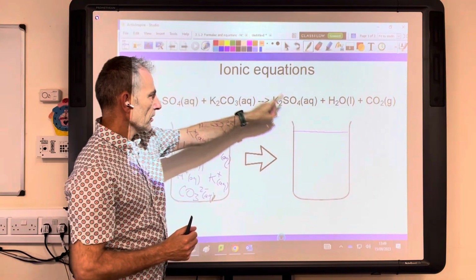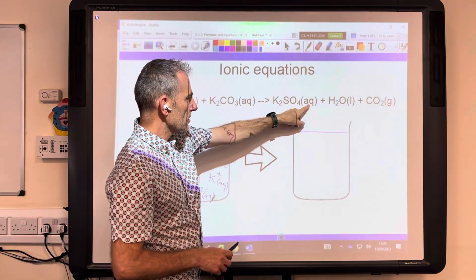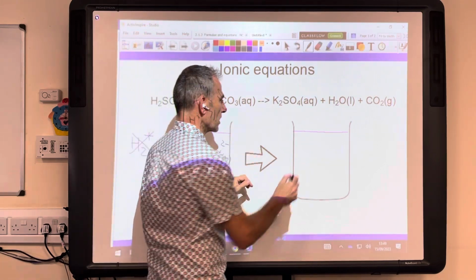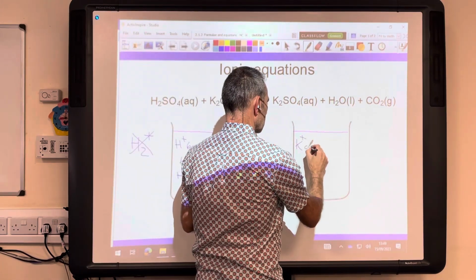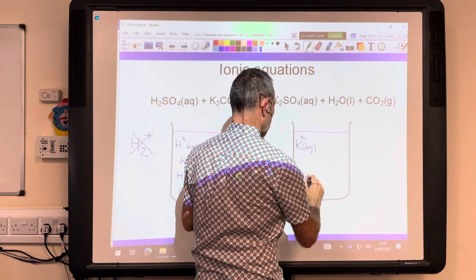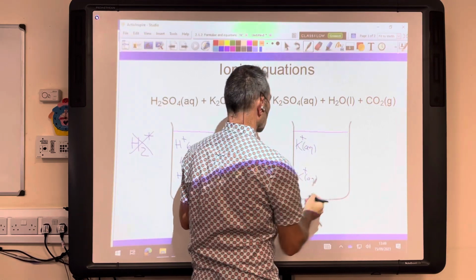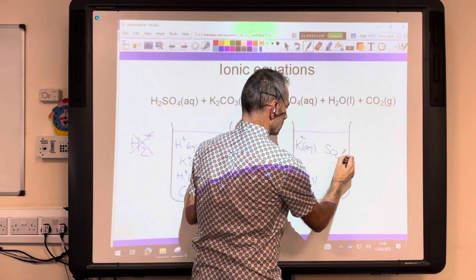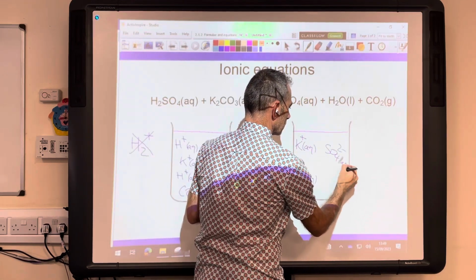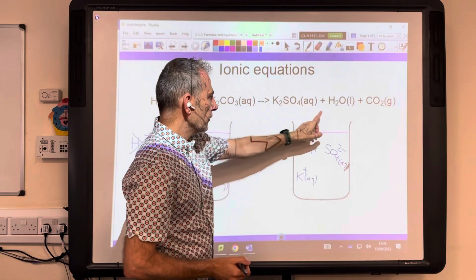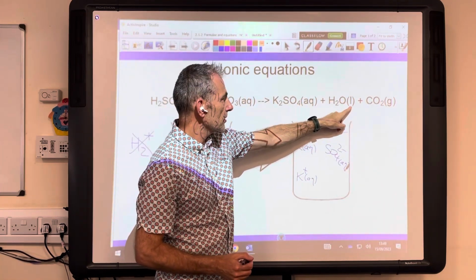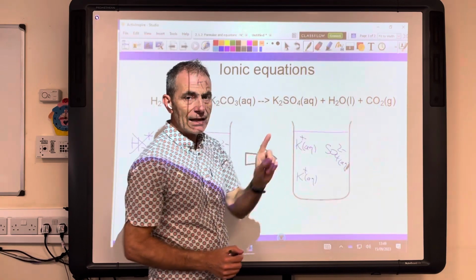If we move on to the products now, we've got another aqueous substance, so we've got to show the ions. Again, we've got 2 K plus ions. We'll pop them in the beaker, anywhere. And we've got a sulfate ion, 1 of those, just put that in. If we move on to the H2O, you'll notice the state symbol, it's not aqueous now, it's liquid.